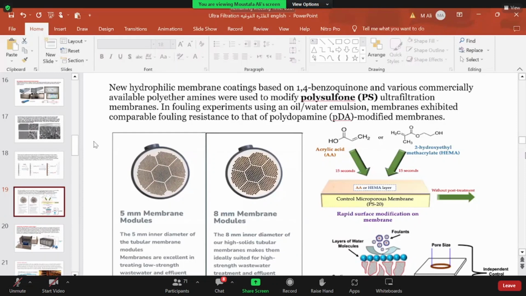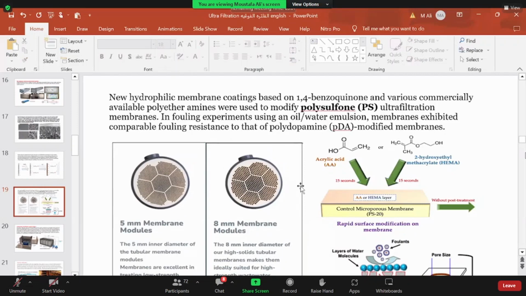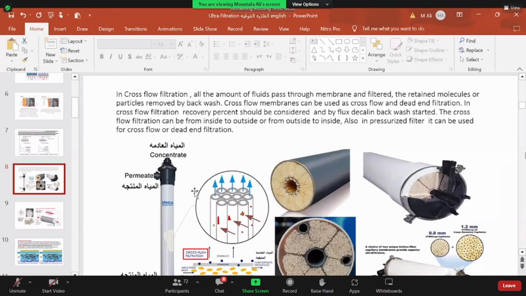So the main important thing is that the hollow fiber membrane should suit the application for which it is used.